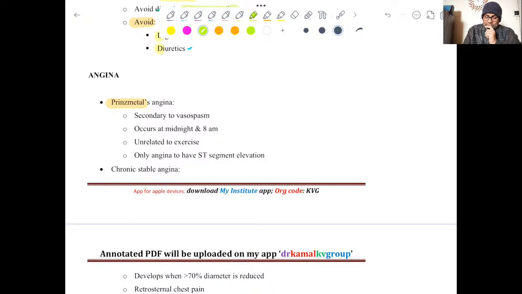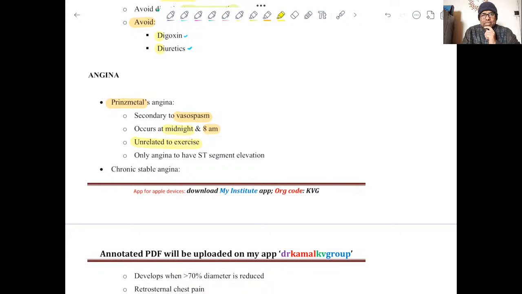But here there is nothing like atherosclerosis or narrowing of the lumen of the coronary arteries. It is just because of vasospasm. Clear? So spasm means constriction, and this usually occurs at midnight or early morning. And one more important difference is that it is not related to exercise.